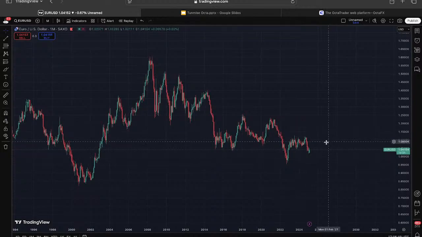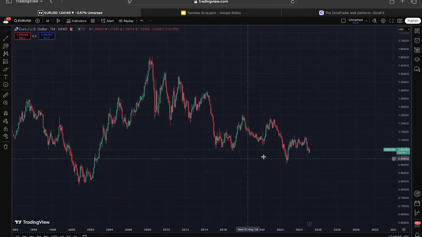I'm going to do a quick analysis on this. So what we are doing is a top to bottom approach, where we look at higher time frames down to lower time frames and see the price movement and market structure from the higher time frame.